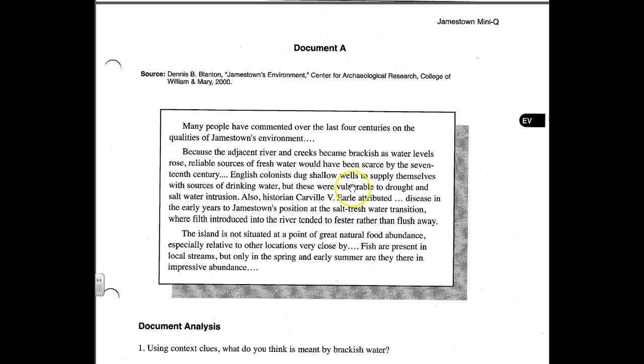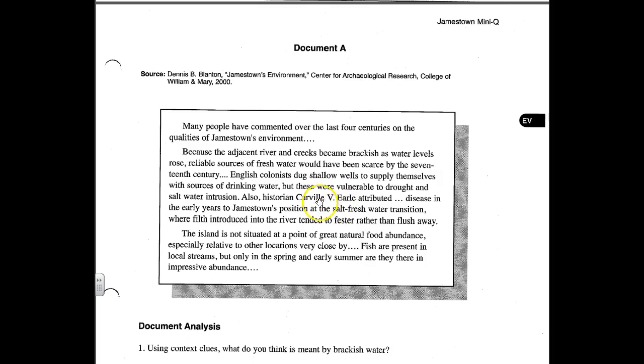English colonists dug shallow wells to supply themselves with sources of drinking water, but these were vulnerable to drought and saltwater intrusion. Also, historian Carville V. Earle attributed disease in the early years to Jamestown's position at the salt-freshwater transition, where filth introduced into the river tended to fester rather than flush away.